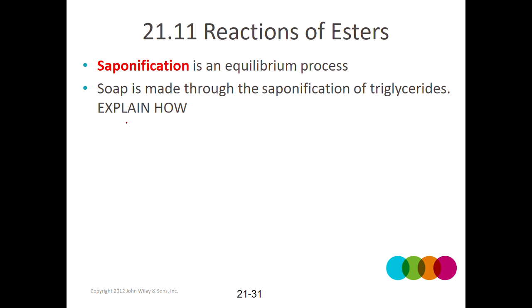If we're looking at making soap, we're looking at starting with a triglyceride, which is found in usually animal or vegetable fat. And a triglyceride looks like this. It has glycerol, which normally has OHs here. But the glycerol is connected through ester linkages to these long alkyl chains.